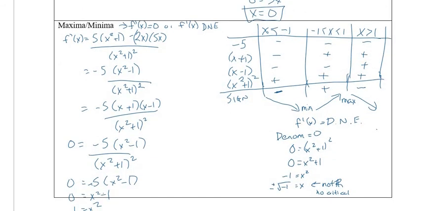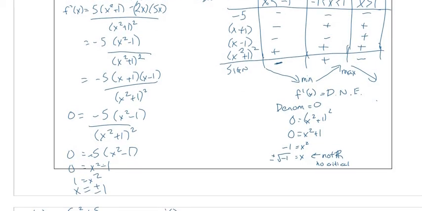For the maximums and minimums, we said that we're going to have a maximum and a minimum at positive and negative 1. But we also need to know the values there, so we can just calculate f of 1 and f of negative 1. Did I put that in my notes? I did not.